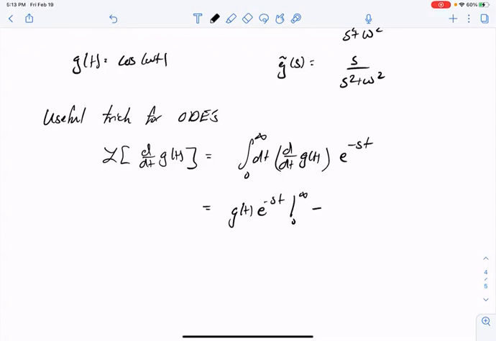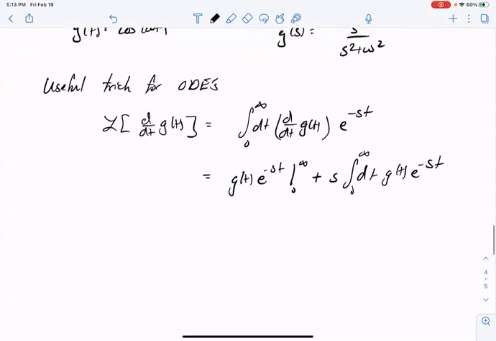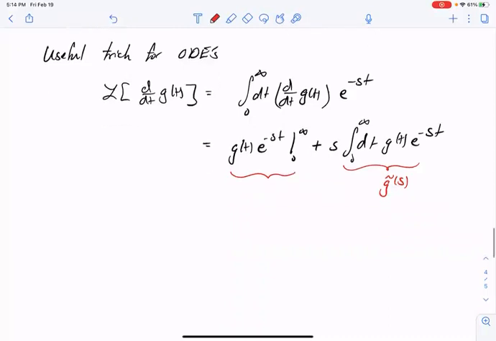Minus the derivative of e to the minus s t gives me a plus s integral of g of t e to the minus s t. This is nothing but g tilde of s. The boundary term is evaluated at infinity and 0, independent of what g of t is, as long as g of t is itself regular.